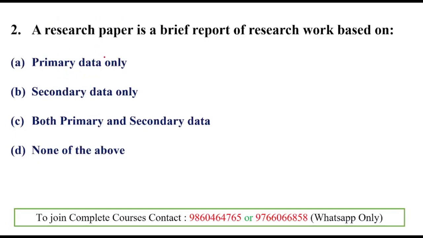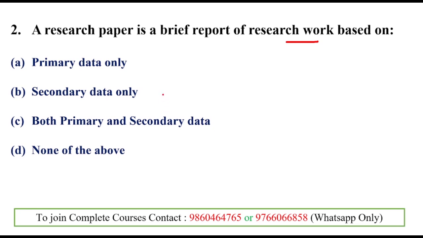A research paper is a brief report of research work that is based on. Here the options are primary data, secondary data, both primary and secondary data. In all research, the report is not supported with only primary or only secondary data; it is a combination of both.